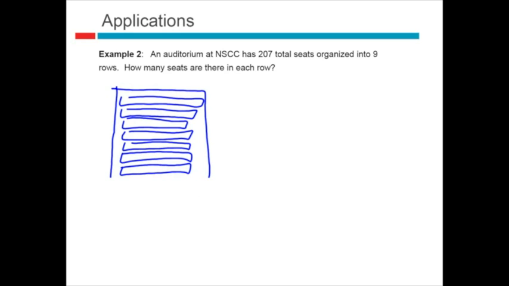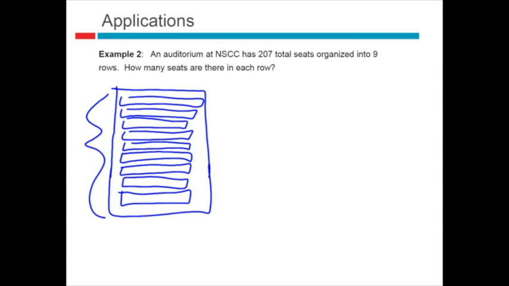So we have 7, 8, and 9 rows of seats in this auditorium. And we know in total there are 207 seats in here. So we need to figure out how many seats there are in each row.